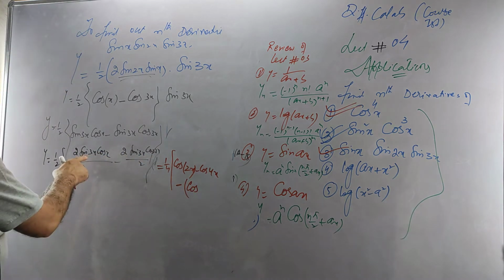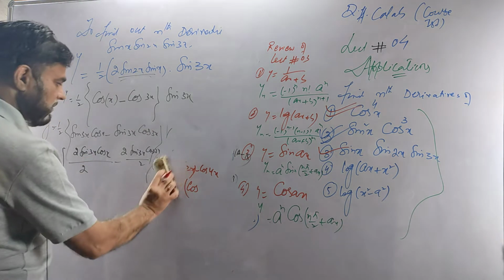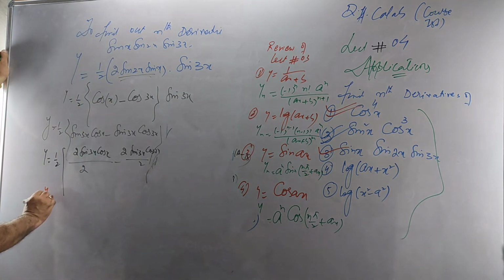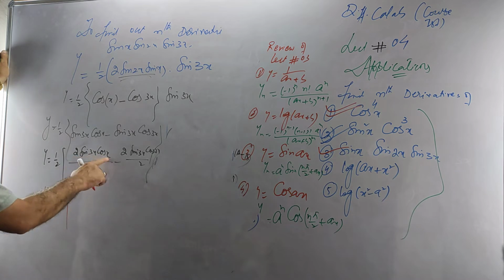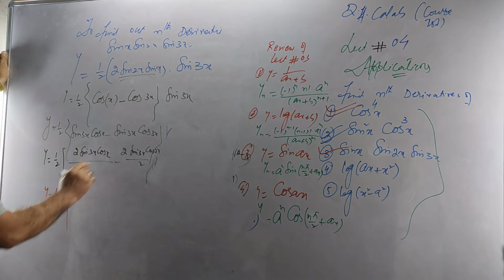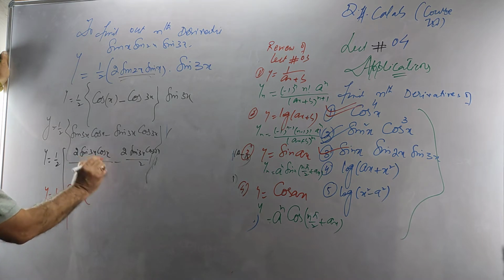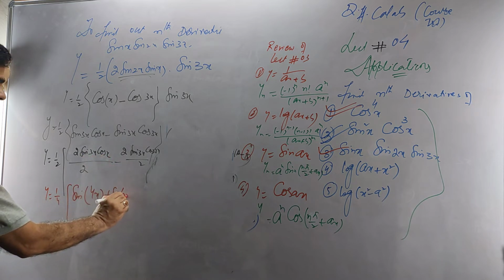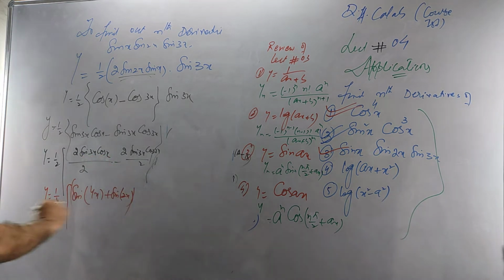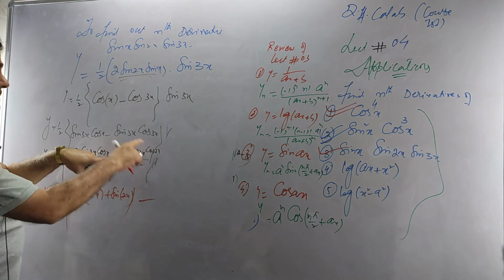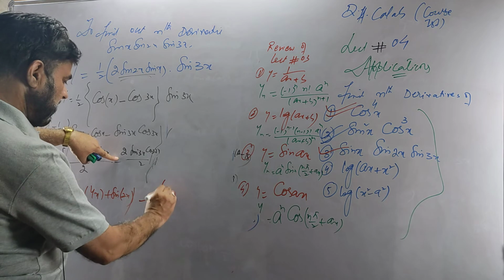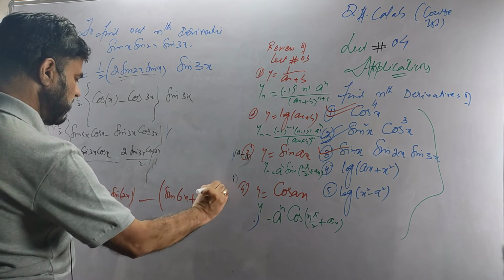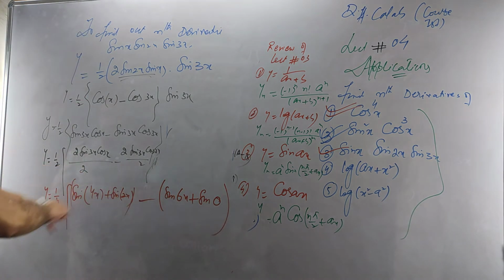It is sine cos, I'm sorry, it is sine cos. y is equal to 1 by 4, twice sine A cos B is sine of A plus B plus sine of A minus B. That is 3x plus x is 4x, plus sine of 3x minus x is 2x. Keep it, then minus twice sine A cos B, twice sine 3x cos 3x: sine of A plus B, it is 6x, then plus sine of A minus B, sine 0. This 2 goes here, it is 1 by 4.